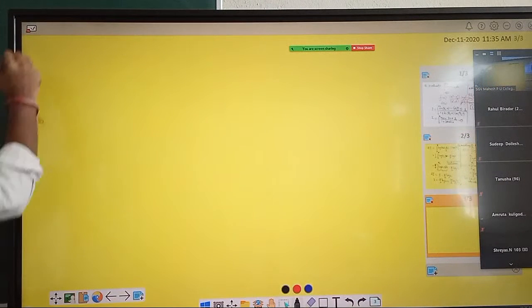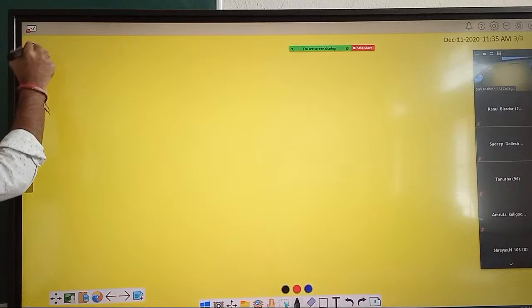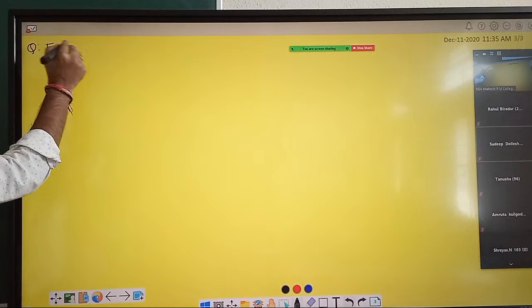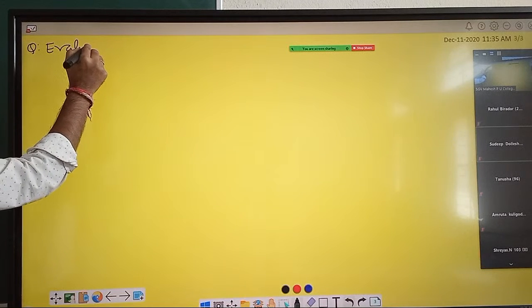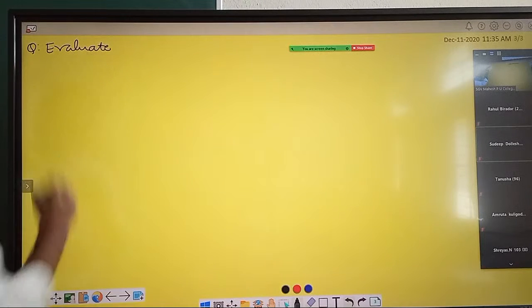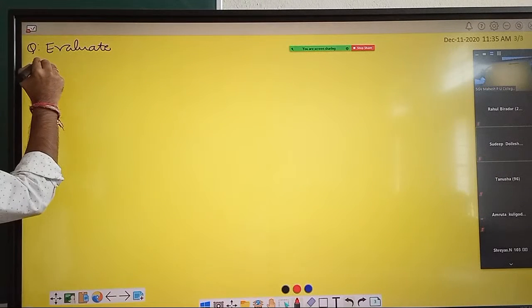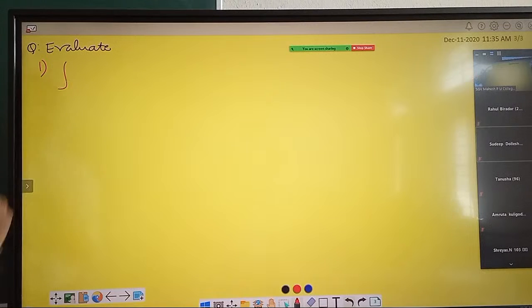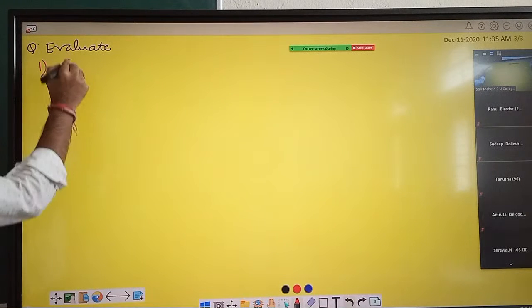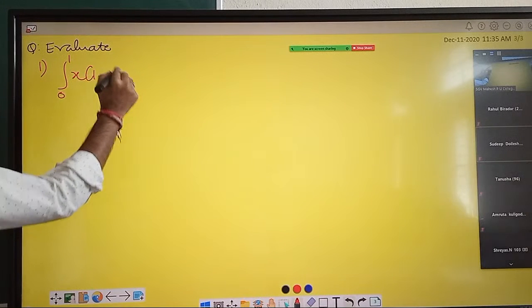Again, next one. Evaluate. First problem: integration from 0 to 1, x into 1 minus x raised to n dx.